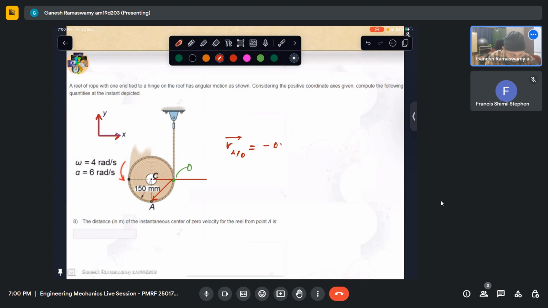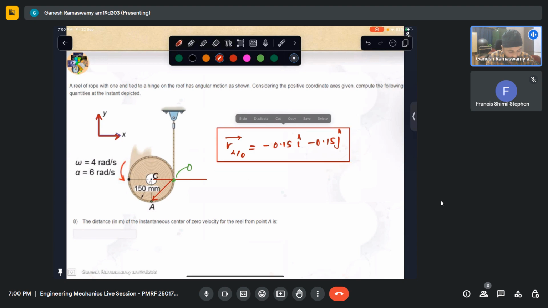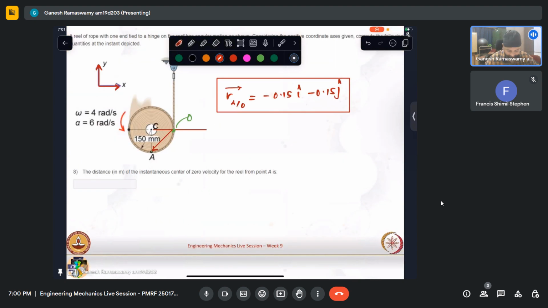So it is minus 0.15 i minus 0.15 j. This is my position vector. The distance is the magnitude of this, which is 0.15 root 2. Since we have been asked in meter, we should make sure we convert this into meter. So it is 0.15 root 2, which is 0.212, which is also equal to the magnitude of R A with respect to O.